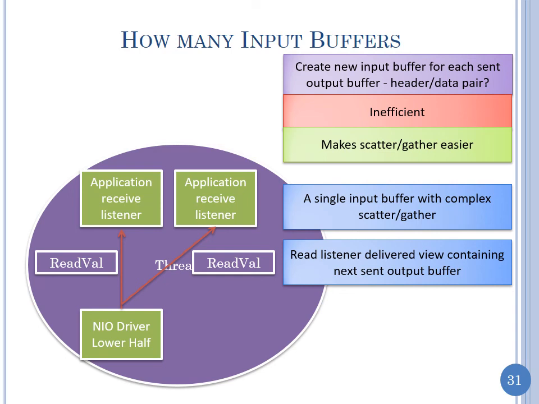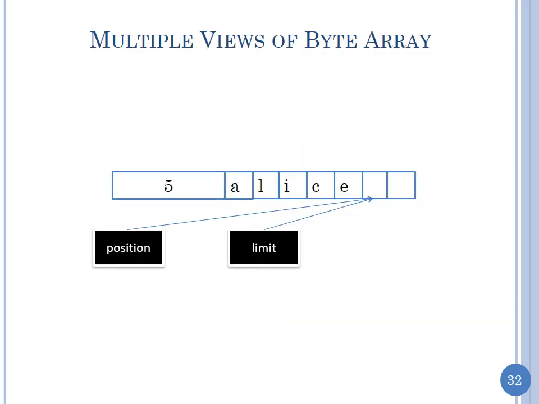But in fact, as this particular piece of text says, we can have multiple views on the same data. Okay, so how does that happen? We have this sequence of bytes, and that sequence of bytes is associated with the byte buffer, and that byte buffer has a position and limit and capacity.